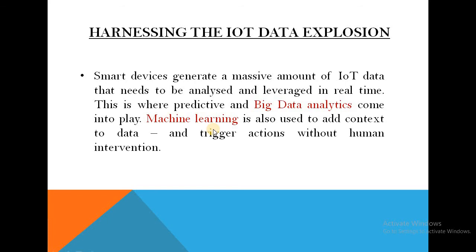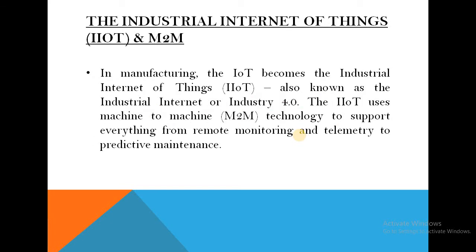It is used to add context to the data and trigger actions without human intervention. One device will interact with the other device without human intervention. This is the quality of the IoT.